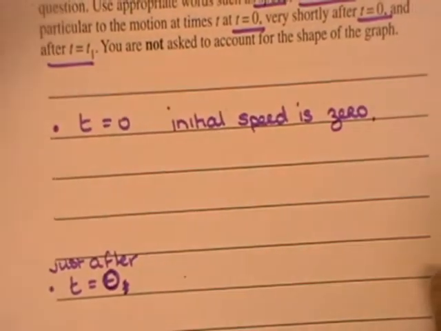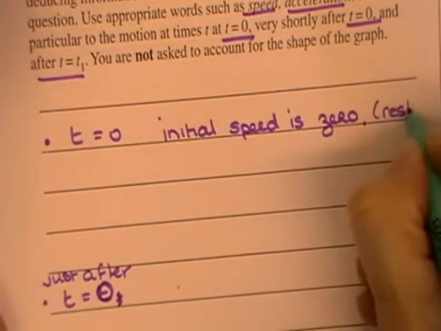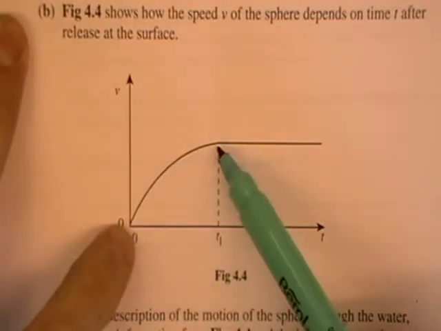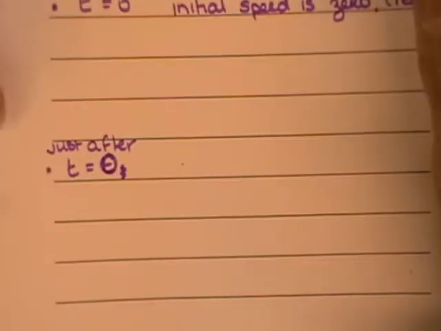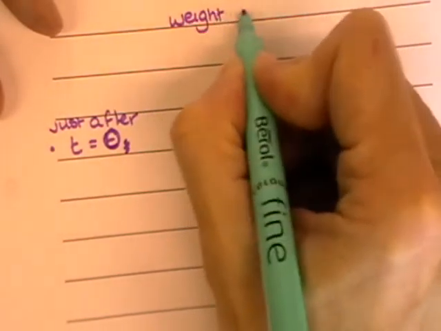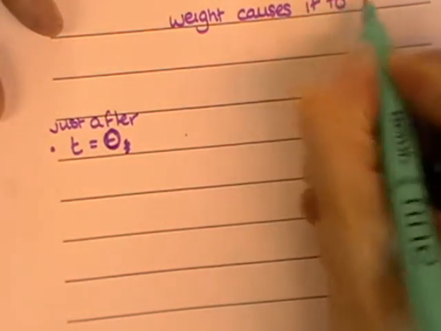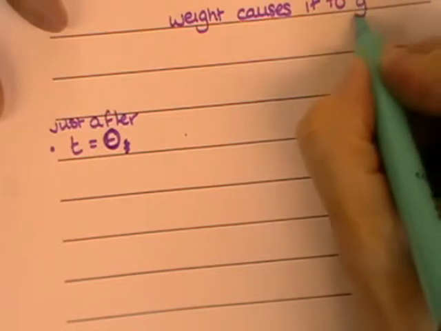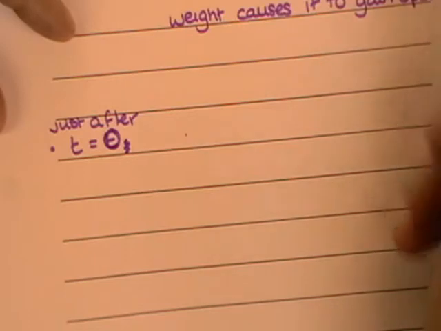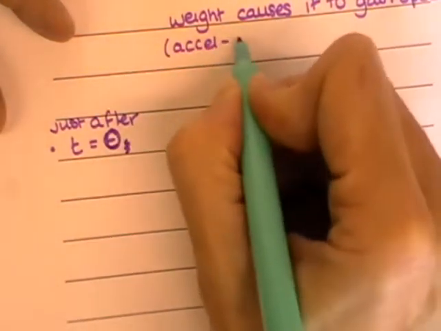So the initial speed is 0, or it's at rest. And then what happens to it? Well, obviously its velocity increases, but not uniformly. Its weight is causing it to gain speed, to accelerate, but it's not uniform.